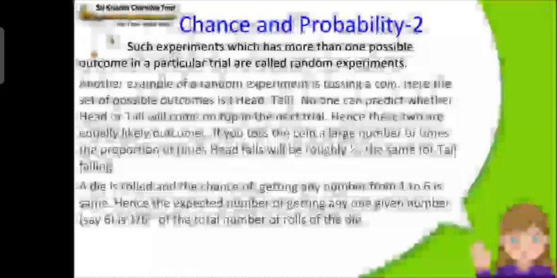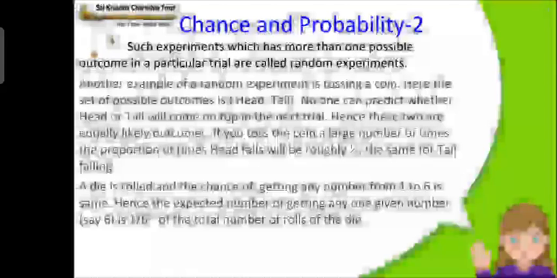Let's take another example, a coin. When you toss a coin, what are the two possible outcomes? It is either head or tail. You cannot predict whether it is head or tail. So the proportion of times head falls will be roughly half.